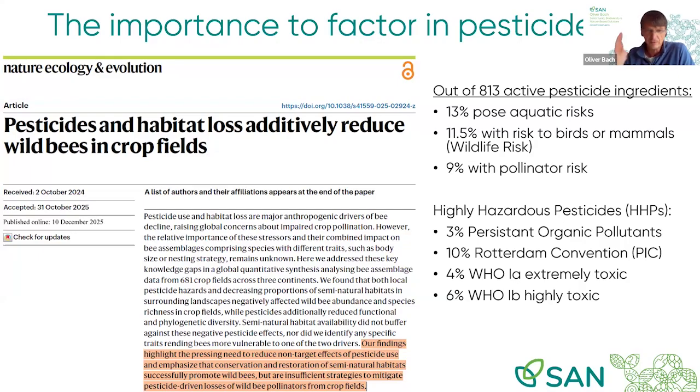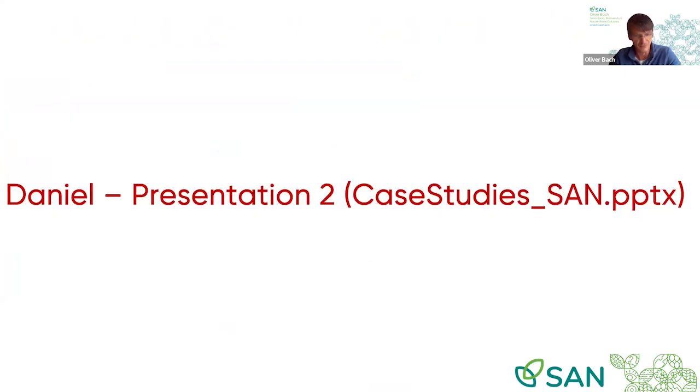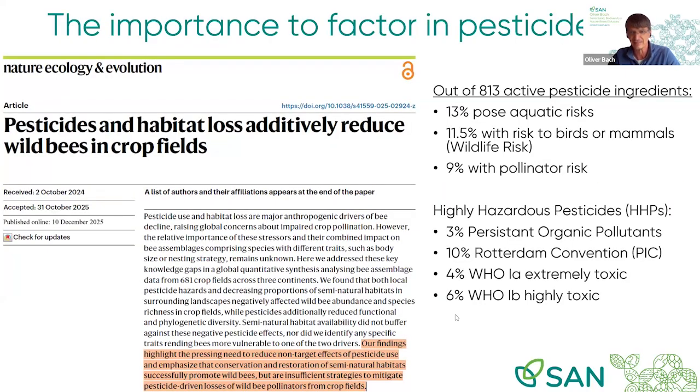So, for example, when we implement flower strips, we should always also have as a parallel strategy to substitute highly hazardous pesticides or reduce the effect of nasty insecticides. And with that, I hand it over to Danielle, and let's then have the discussion, please.